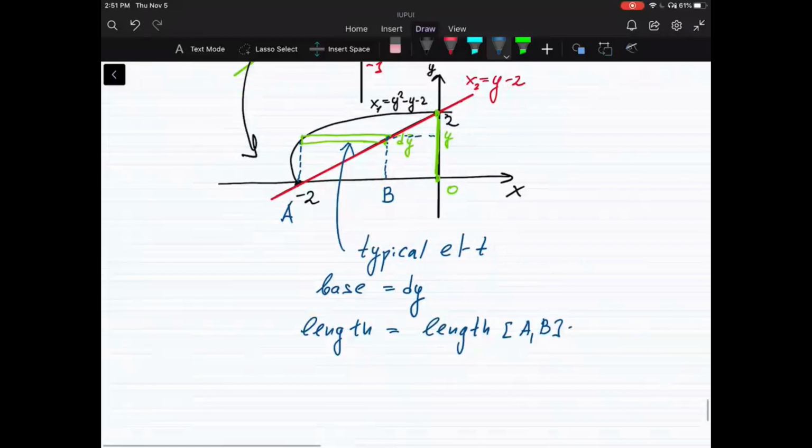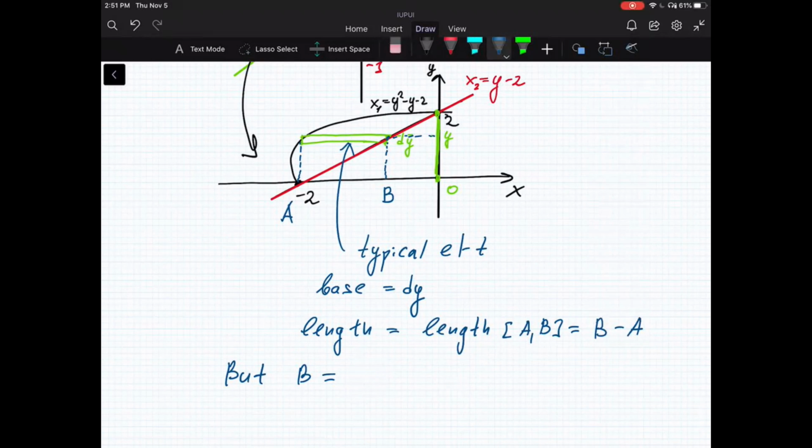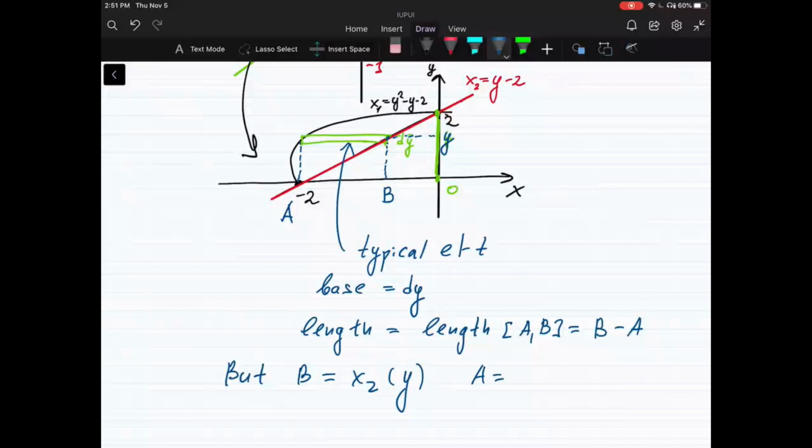But the length of this interval is b minus a. But b is x2 at point y. So here's my y. While a is x1 at the same point y.